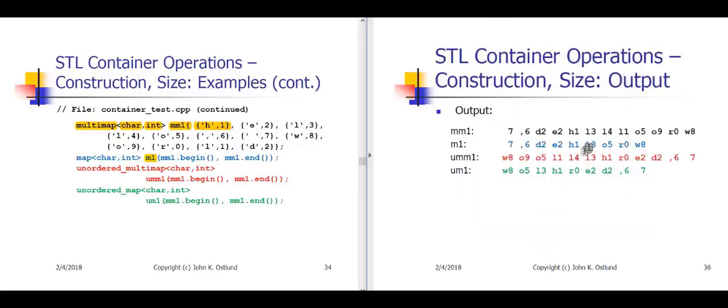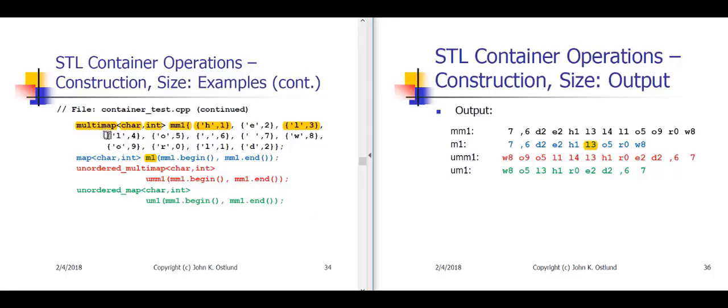And when we display the elements of M1, as we're doing here on slide 35, what we're going to see when we look at our first possible duplicate key, the L, notice that the first pair in which the key is an L, that is L3, is stored in M1, but then any subsequent pairs that have a key of L are rejected. Those are simply not stored into the map M1.